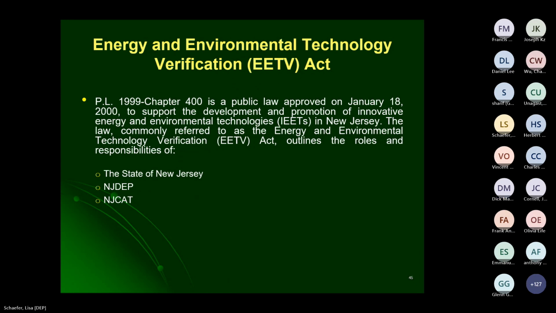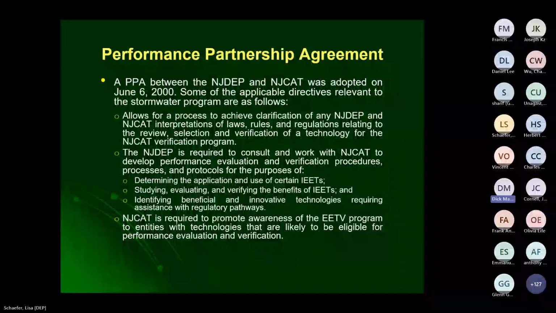Next slide. Critical to this whole program was a performance partnership agreement, which was adopted on June 6th, 2000. Hence, our partnership between NJCAT and DEP has been active for over 20 years. In fact, next year, it'll be 25 years.